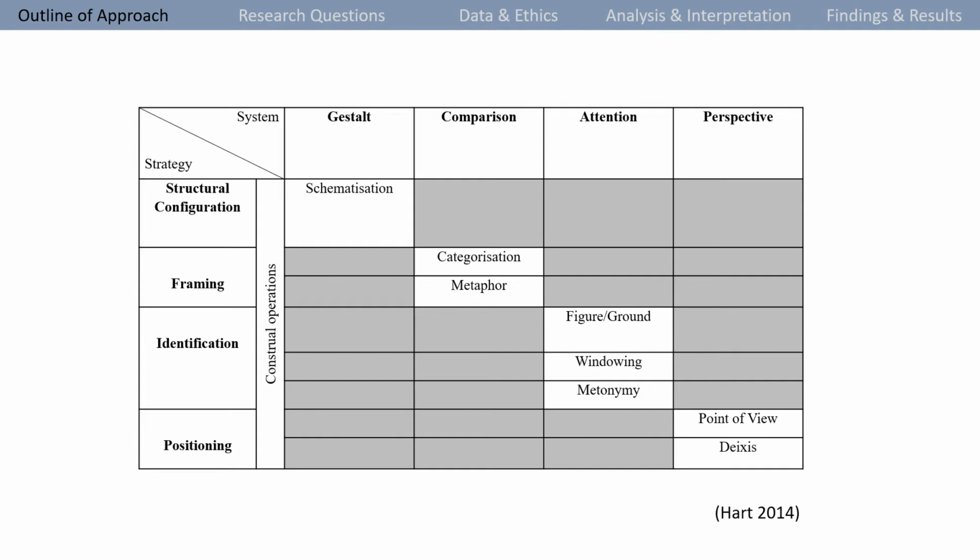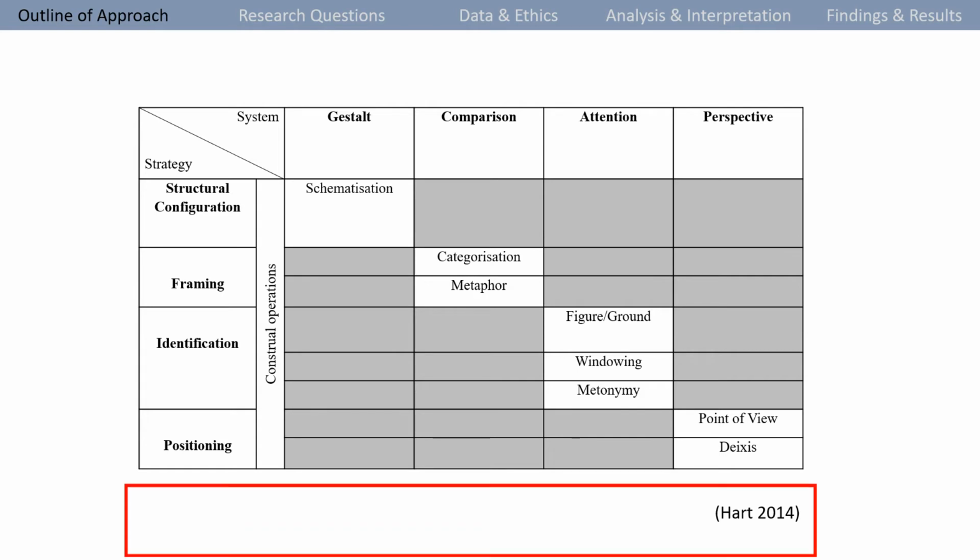I'll just take you through each of these in turn.